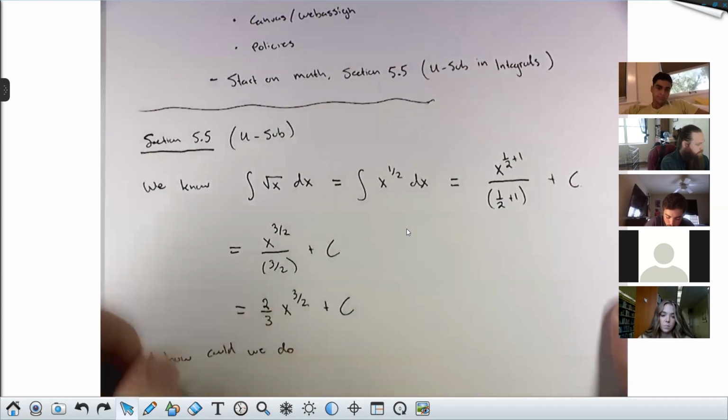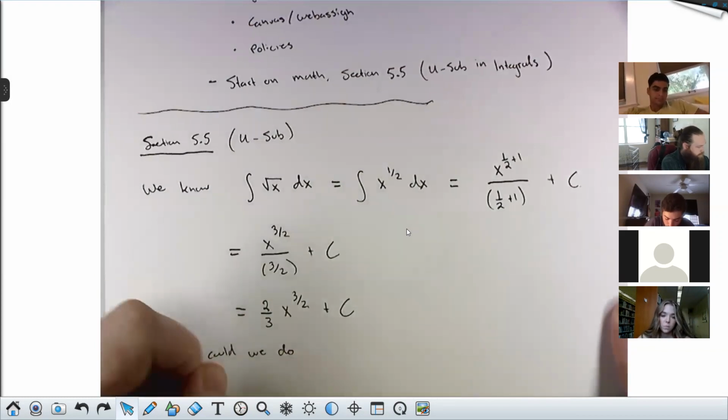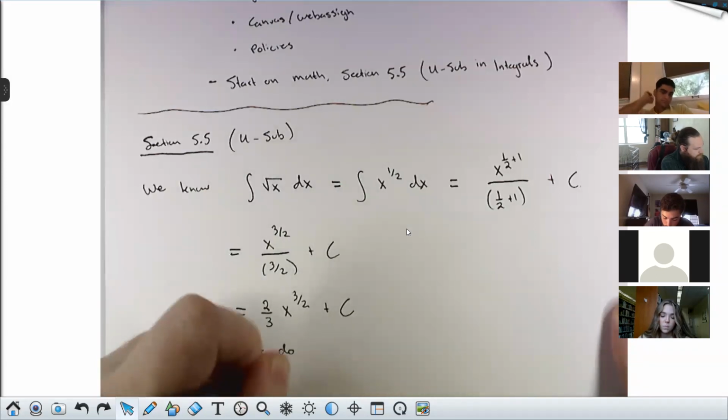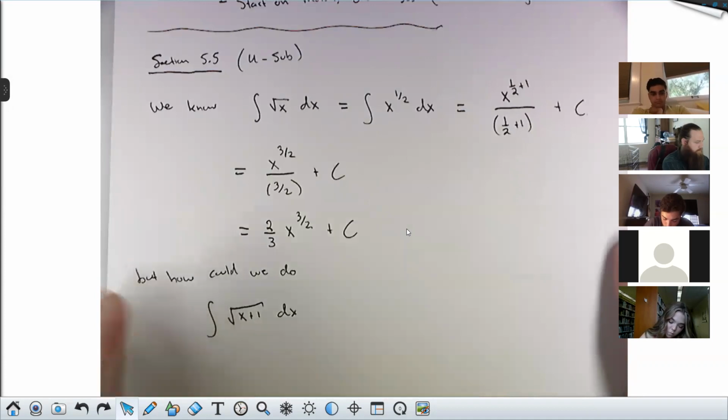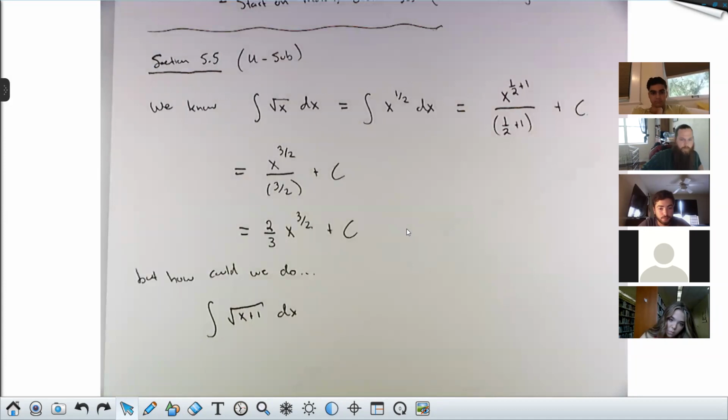But how could we do the integral of the square root of x plus 1 dx? Well, the big idea here, first a comment.